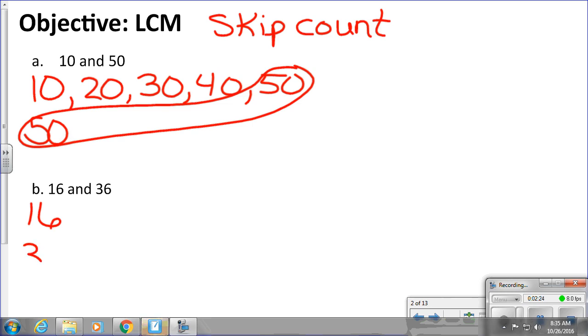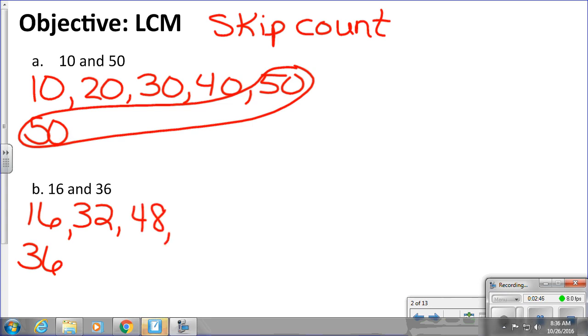16 and 36 took a little bit longer to get to that least common multiple. So 16 then goes to 32. If you need to, line up your numbers vertically instead of horizontally. It will help you be that much more successful when you are adding.